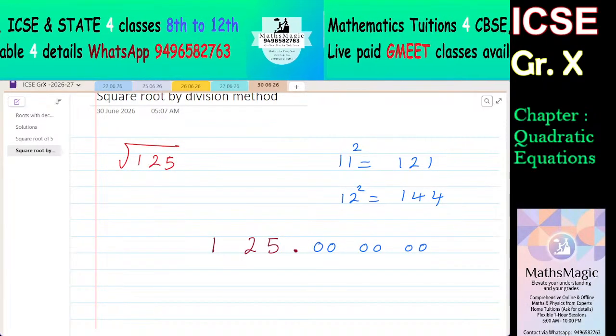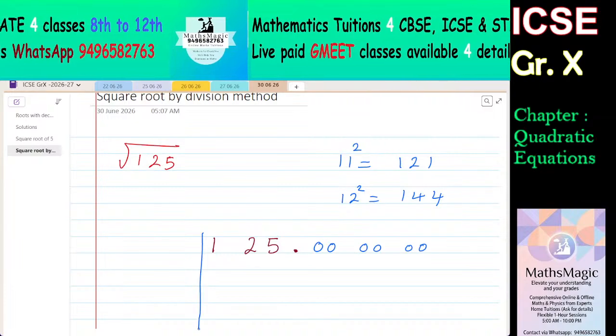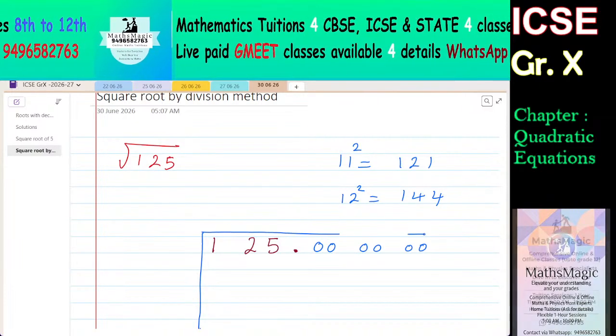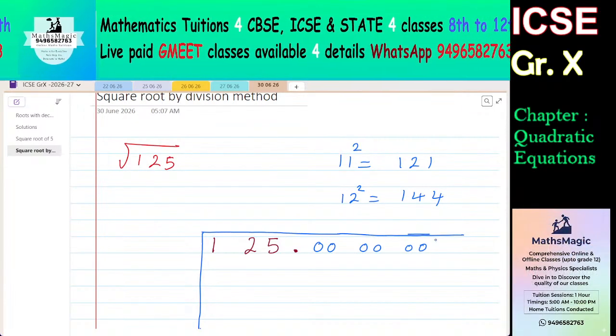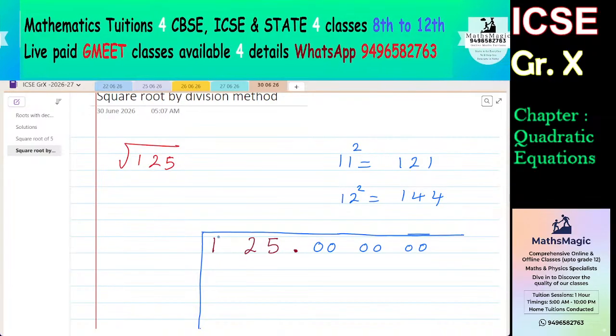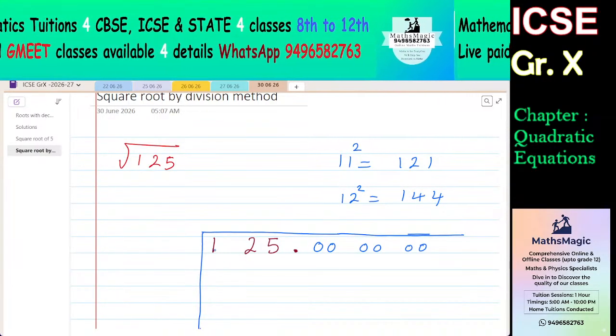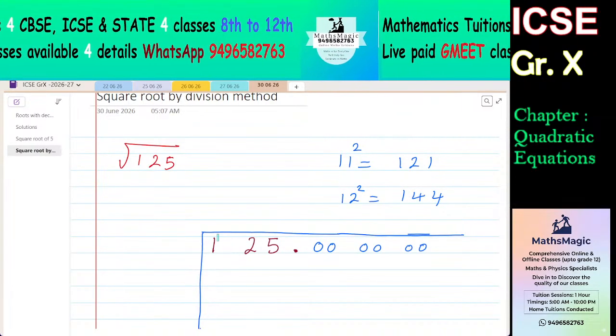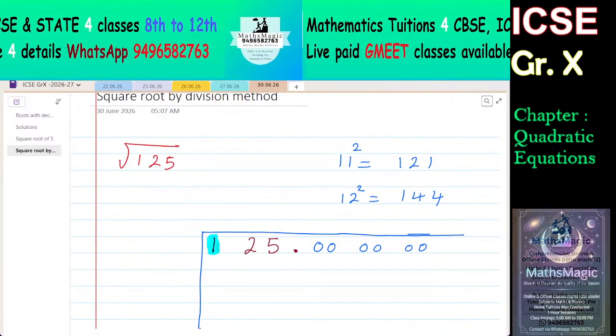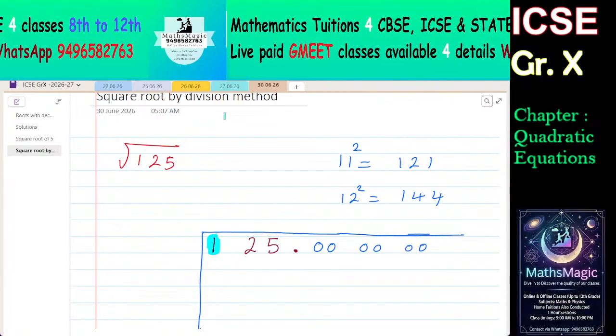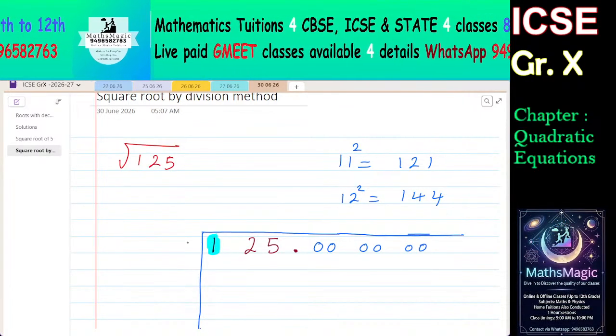Now, as usual, in the long division method we will write the root. Now, you need to find the closest perfect square for this 1. That's 1 itself.